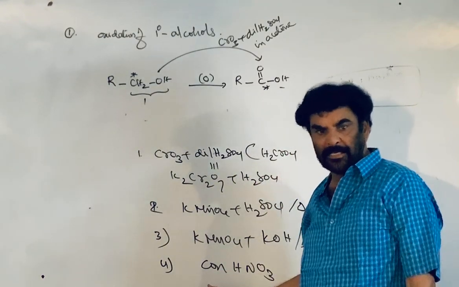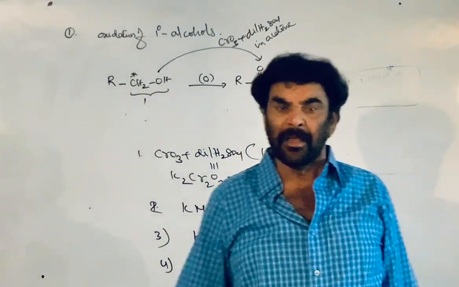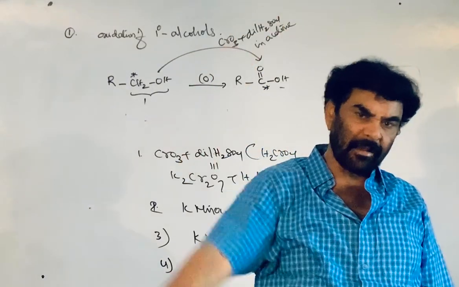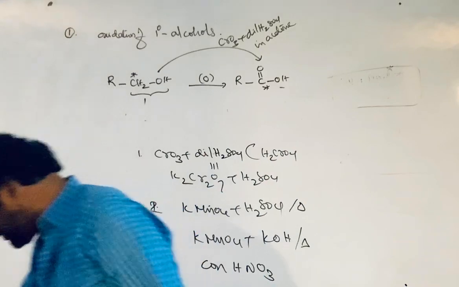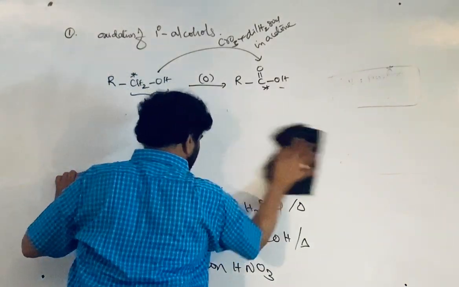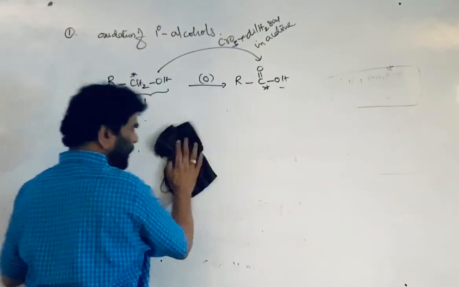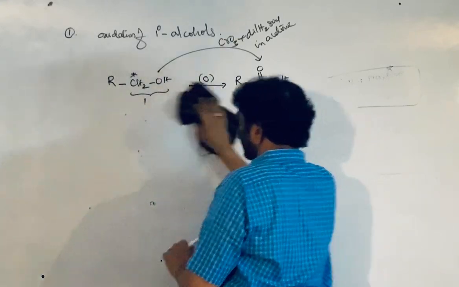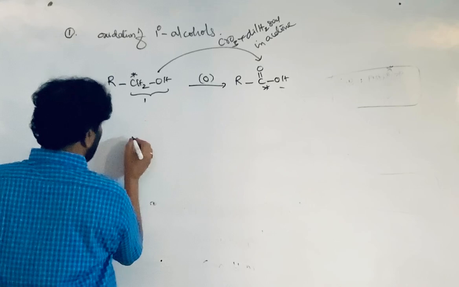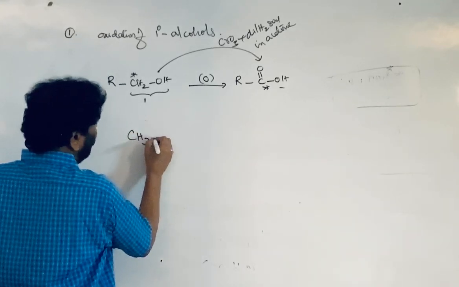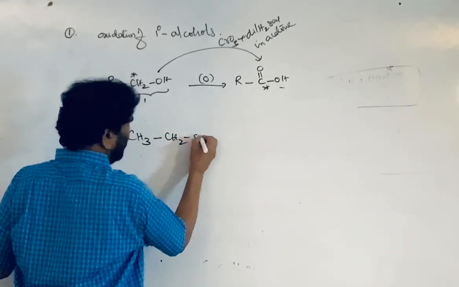These are classical oxidizing agents where the secondary alcohol is converted into the ketone only. Now, what is the procedure? Take the primary alcohol, treat it with a good oxidizing agent, and the carbon is converted into the carboxylic acid.